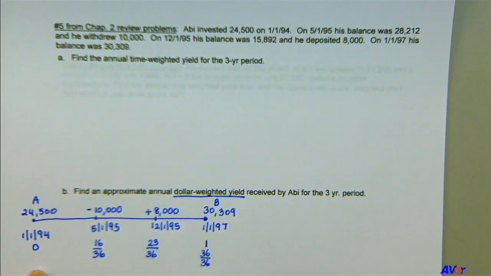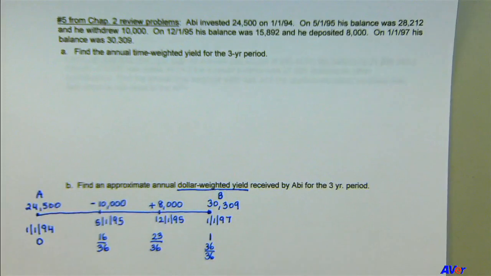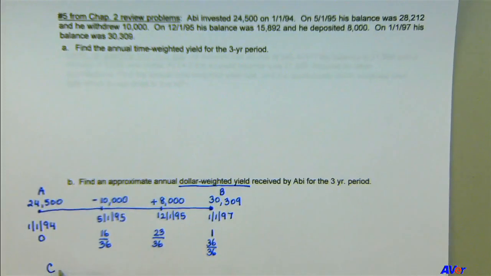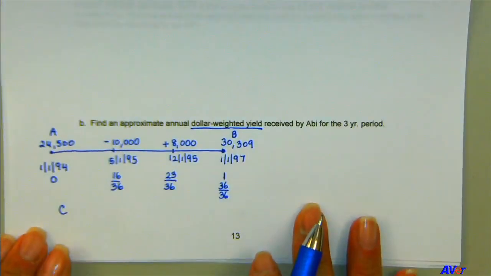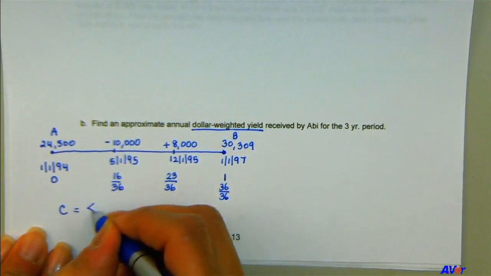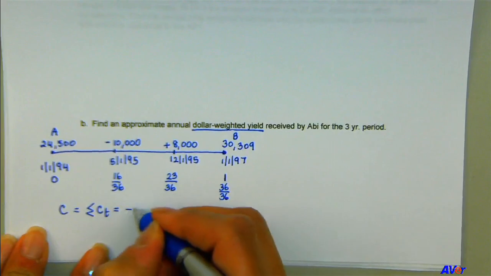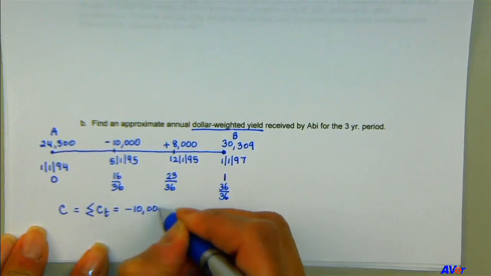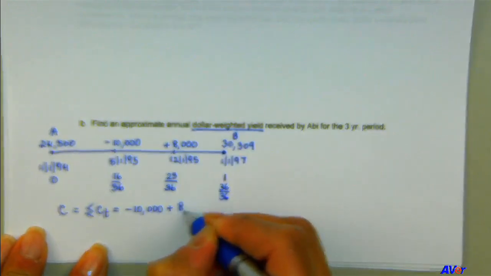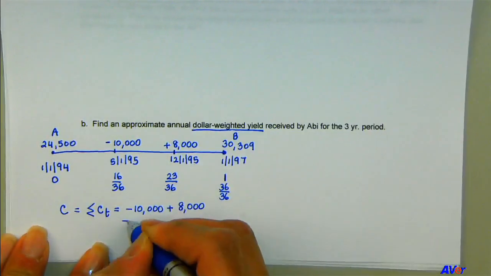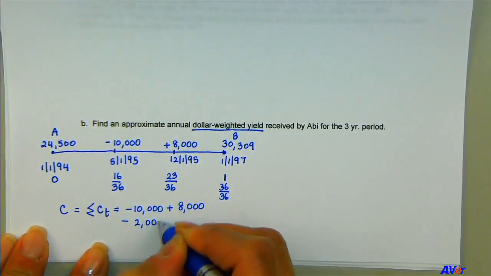Okay. So my total contribution, C, equals summation CT, which is equal to minus 10,000 plus 8,000, which is minus 2,000.